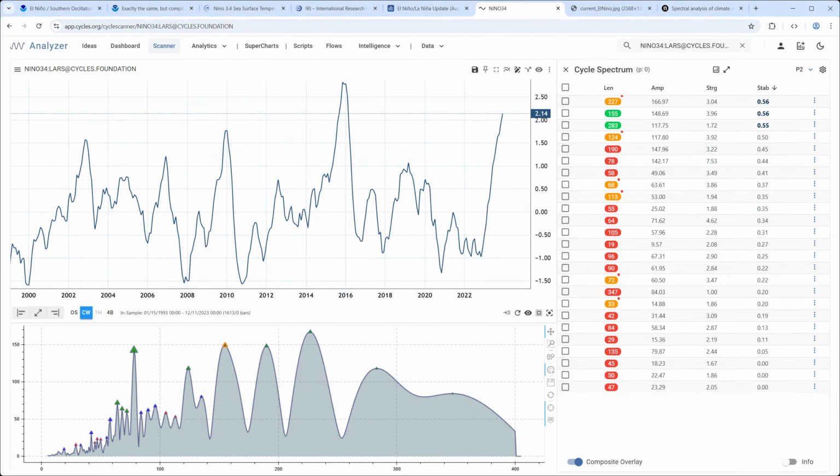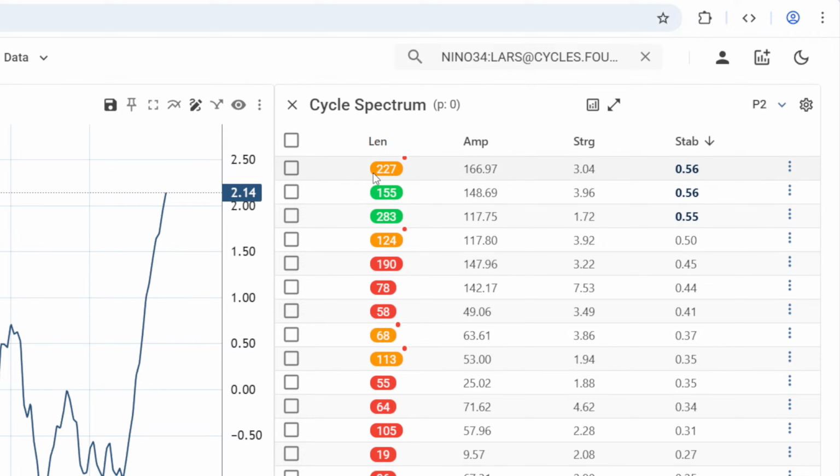So we have the data series, the spectrum, and the peaks in that series clearly indicate what cycles are dominant. And we have even better information here about the stability of those cycles.